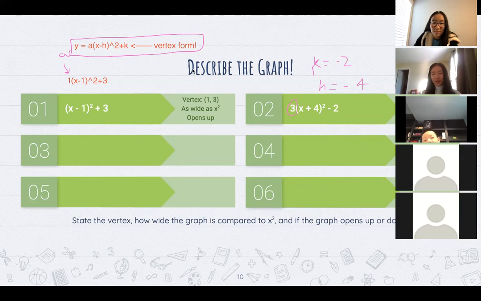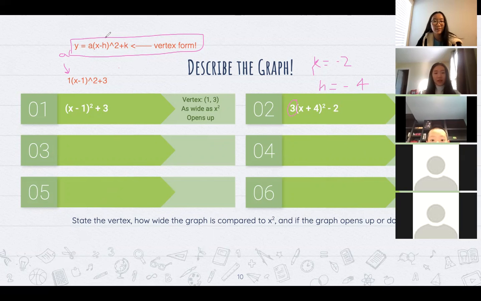Is 3 positive or negative? 3 is positive. Then it would open up. Yeah, you got it. Good job. So this graph is thinner than x squared. It opens up and our vertex is at -4, -2.